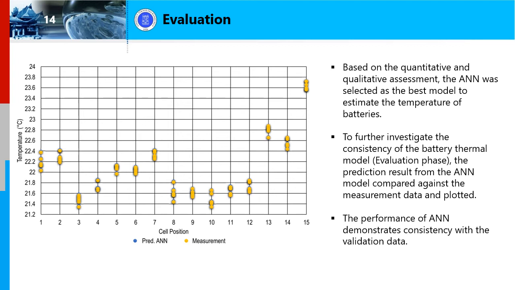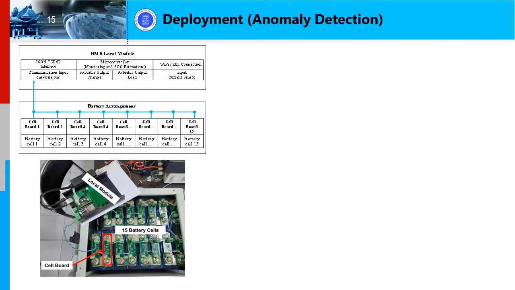So to further investigate, we use the other data. The performance of the artificial neural network demonstrates consistency with the validation data, as shown in the figure. Each data point overlaps with the prediction from the artificial neural network.